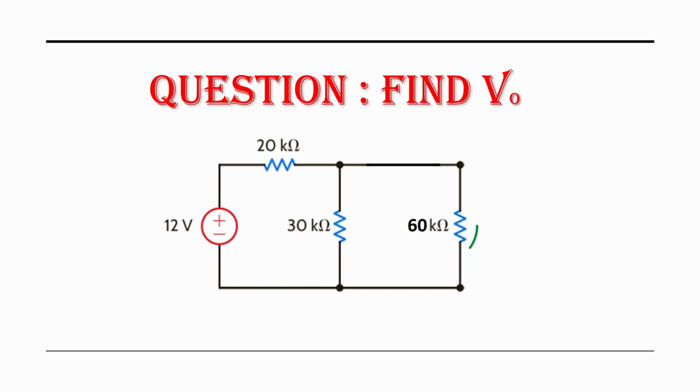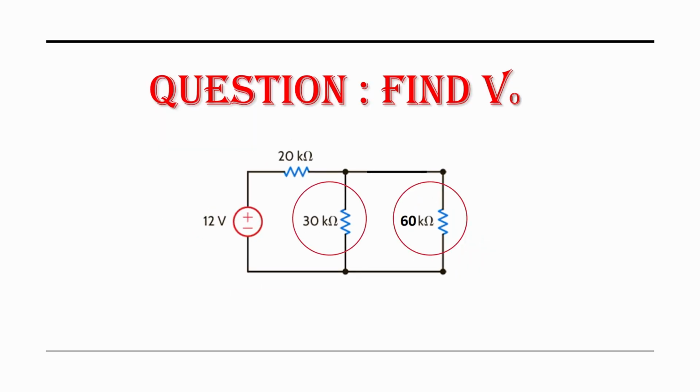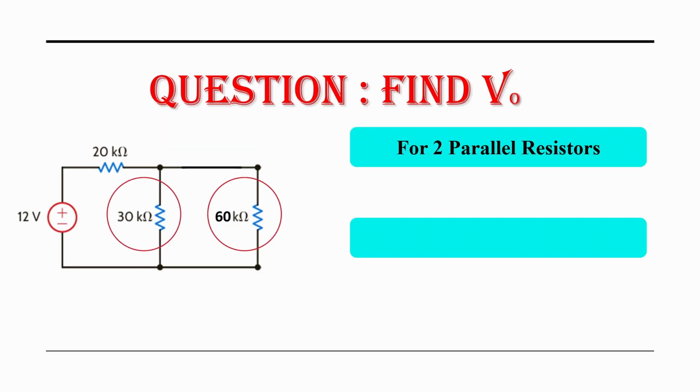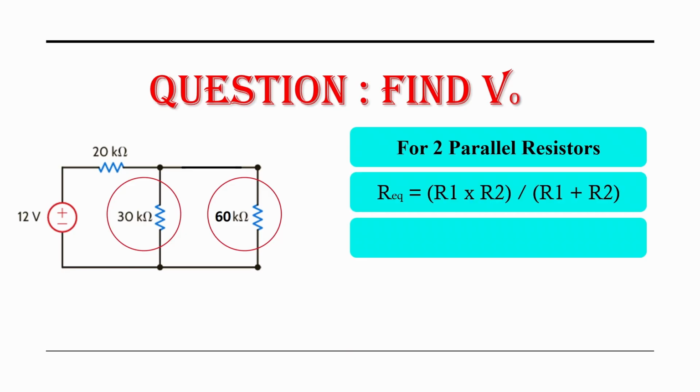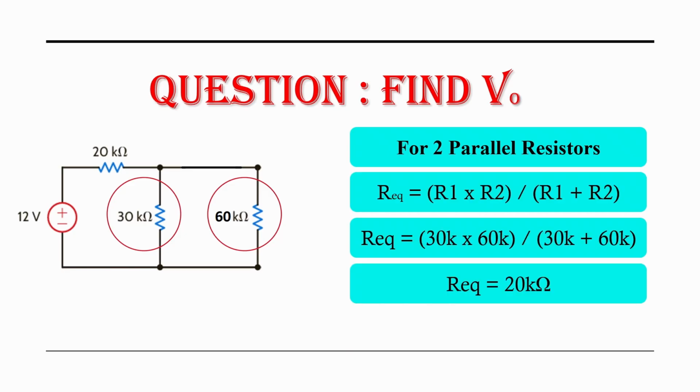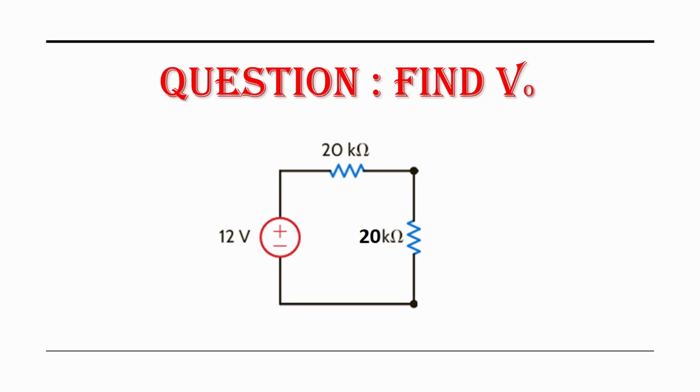Moving on, we now have a 30K ohm resistor and our new 60K ohm resistor in parallel. By using the parallel combination formula, multiplying the two resistances and dividing by their sum, we get an equivalent resistance of 20K ohms. You can see how the circuit is becoming much simpler now.